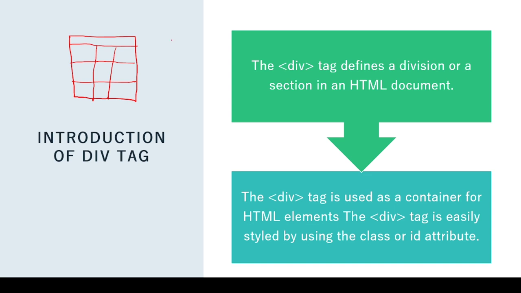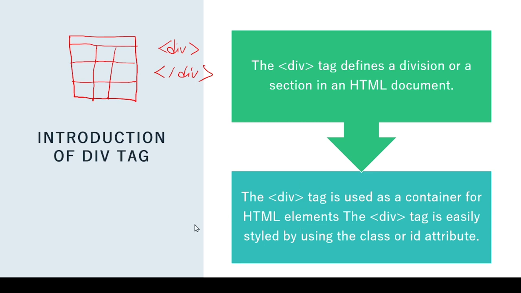We can do this with the help of the div tag, and this is a closing tag, div. Now we can see what is div. It is nothing but a container.